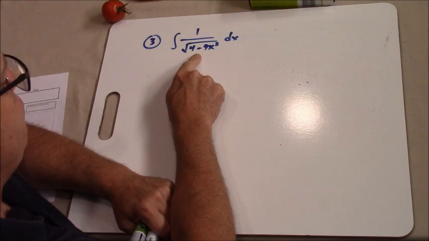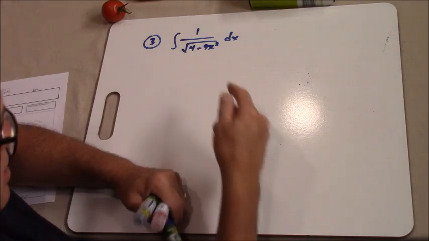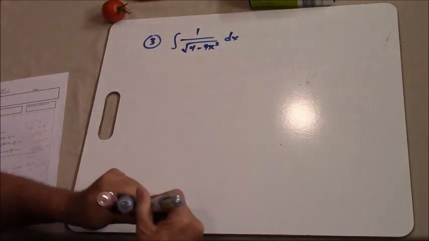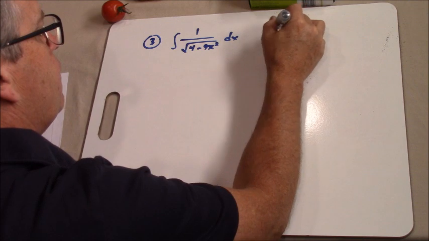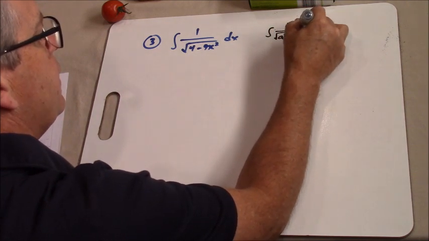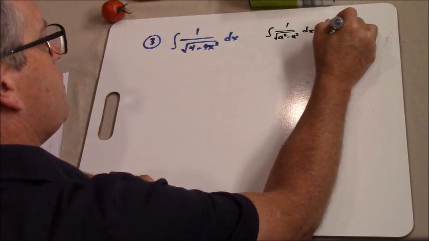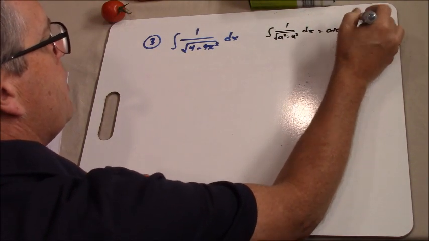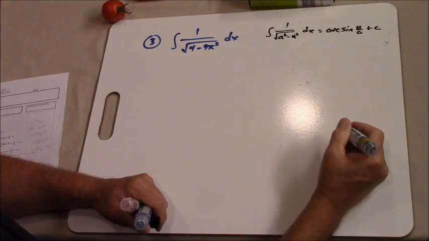I'm going to think inverse trig function. It looks like a squared minus u squared, and that formula was this: the integral of 1 over the square root of a squared minus u squared dx equals arcsine of u over a plus c.